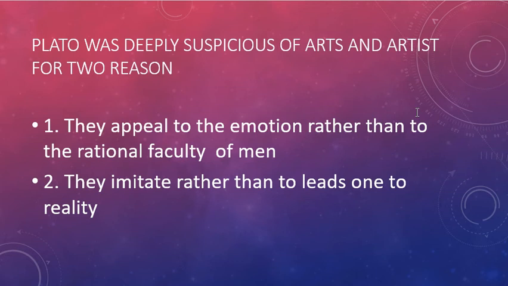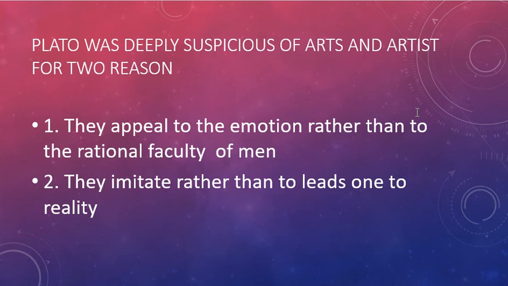Because he was idealistic in nature, he sees art as an imitation, and the artists of their time were trying to impress the masses. That's why the art pieces during those times are very aesthetic in nature, and sometimes they are beyond reality, or they change the view of reality, which is misleading according to Plato.